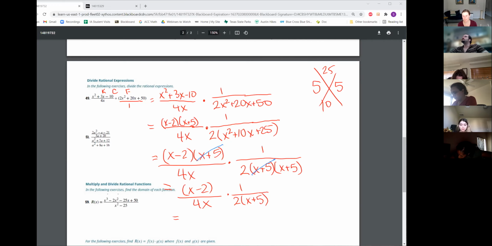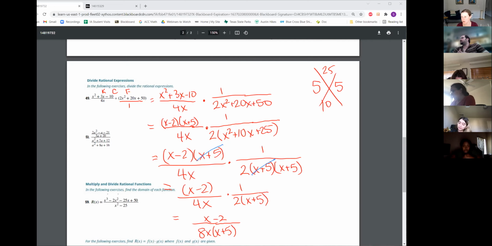So what are we going to get? Would it become 8x on the bottom? Yep, that's the bottom. What's the top going to be? It would be x minus 2. Yep, there you go.